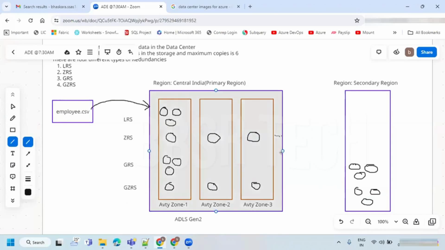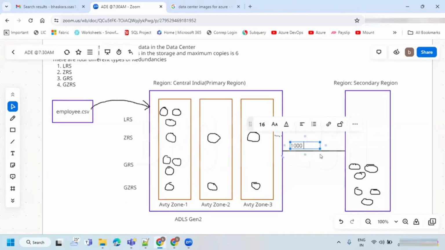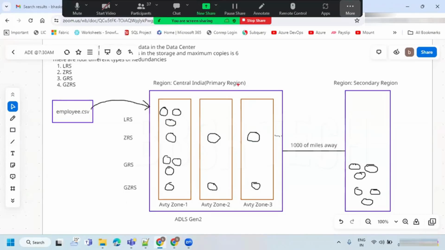When you compare the distance between these 2 regions, they are thousands of miles away. So there is less chance to affect both of the regions. For the primary region you will have full control, but you're not going to have control on the secondary region.